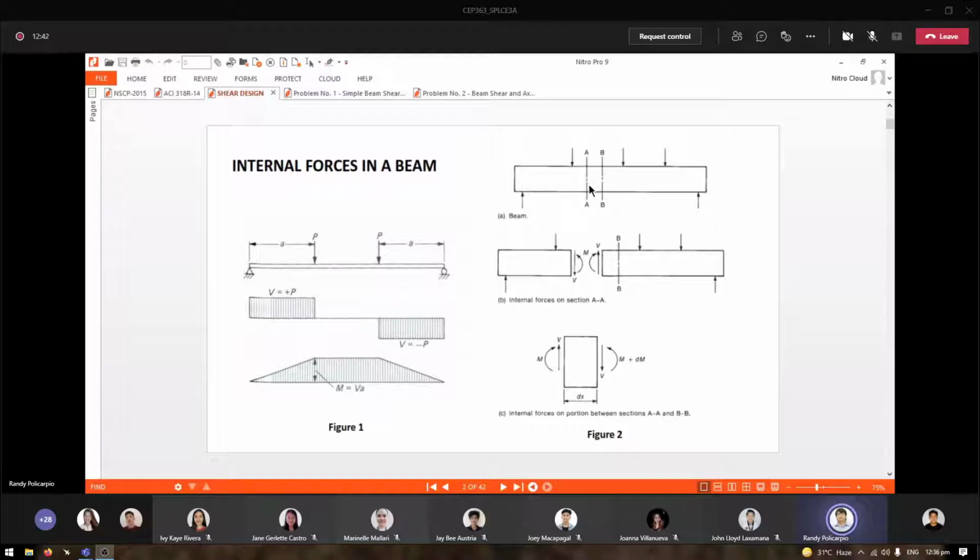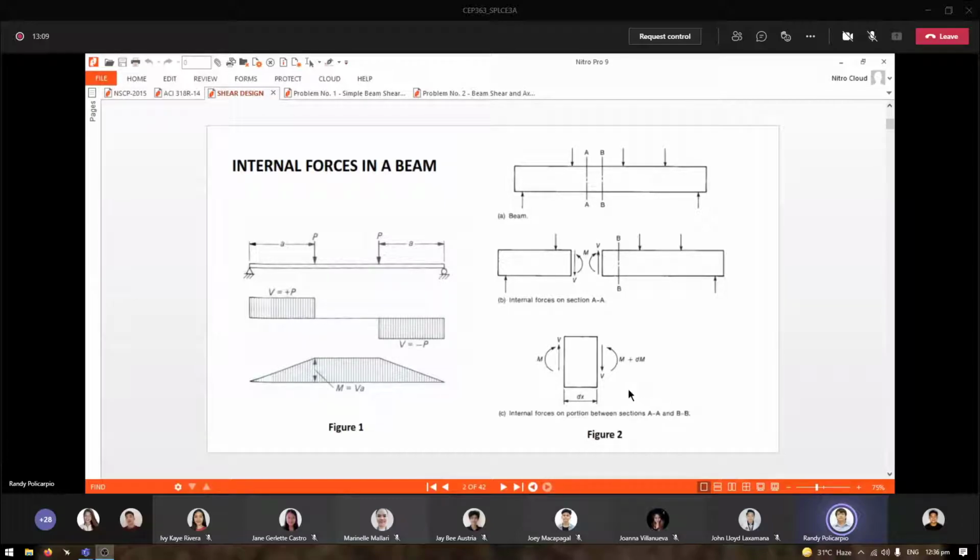Now, if you consider the other part, the right part, also at the cut section you will have your internal forces. If we compare it to the left part, in terms of magnitude the two are the same because it is only one location.